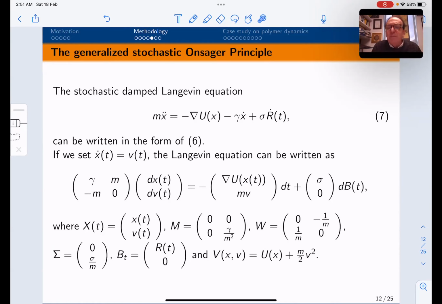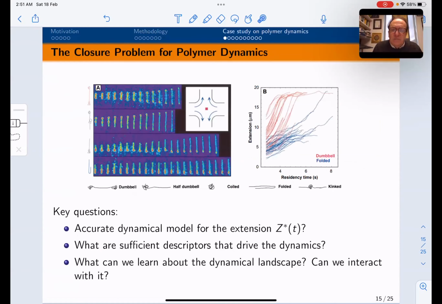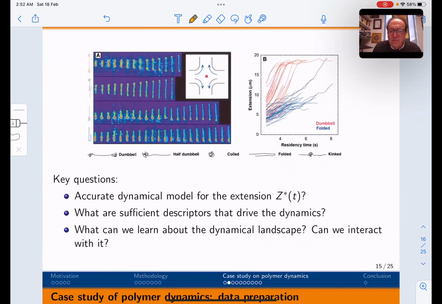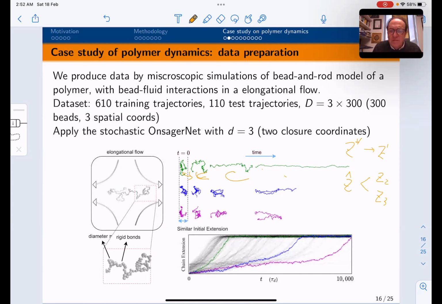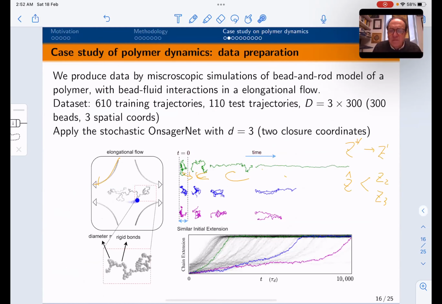Because, for example, if we consider this flow, maybe we see this figure. In this flow, if we are giving a polymer, I don't think there is memory here.